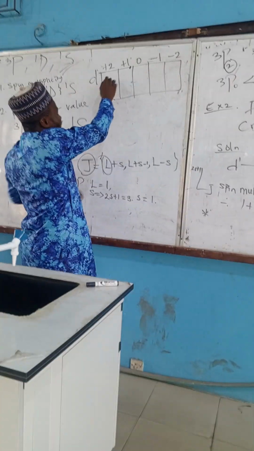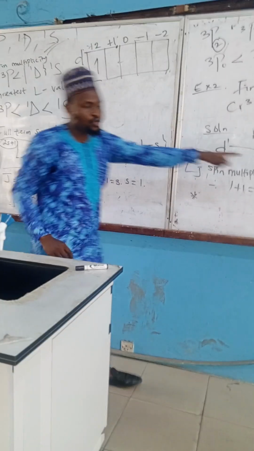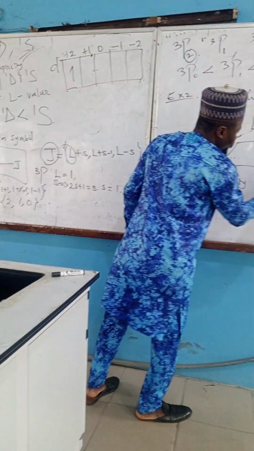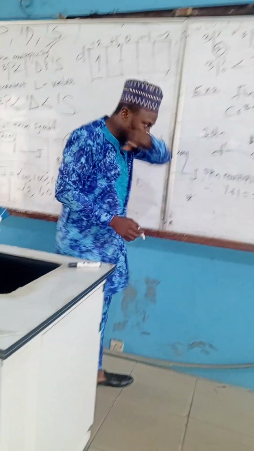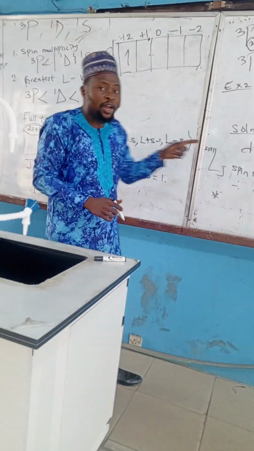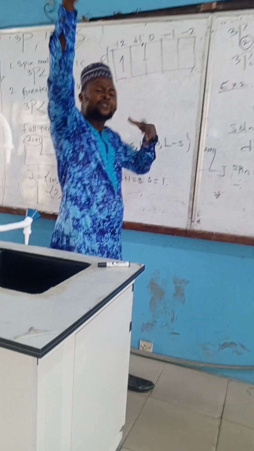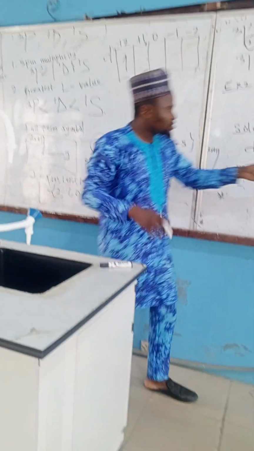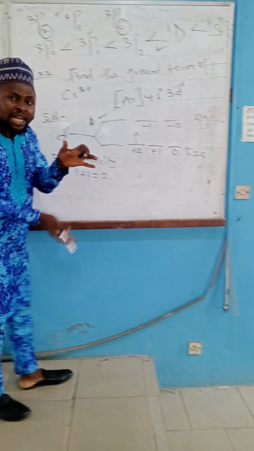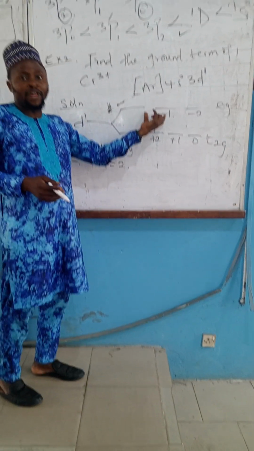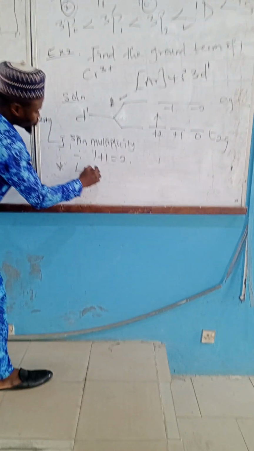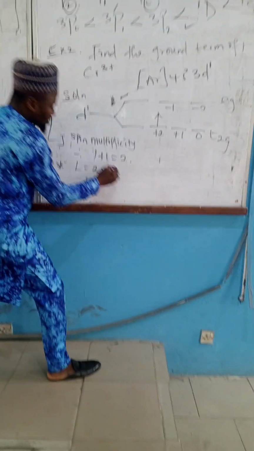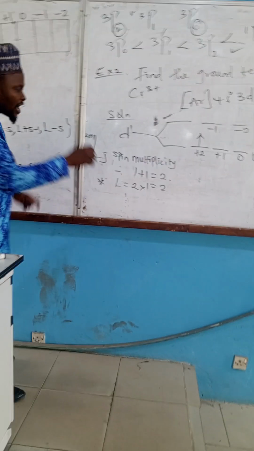The electron is only in +2. We are in need of the L value, just like when we were doing microstates. To get the L value, we multiply the value times the number of electrons. Because there's just one electron, the L value is 2 times 1, that is 2.